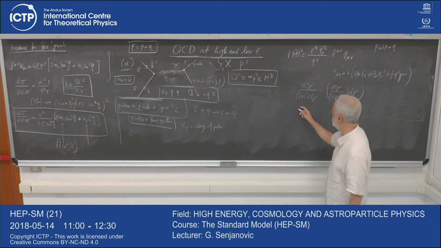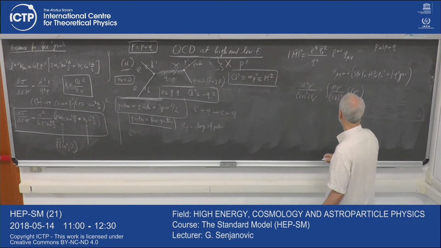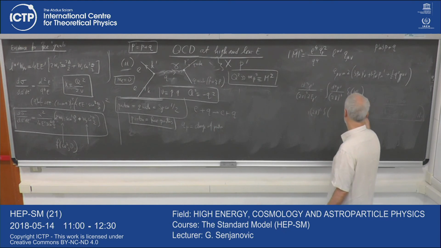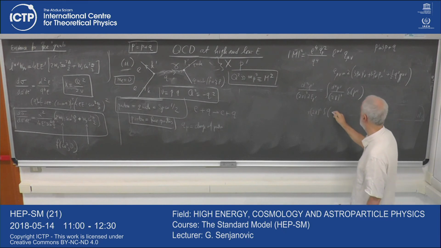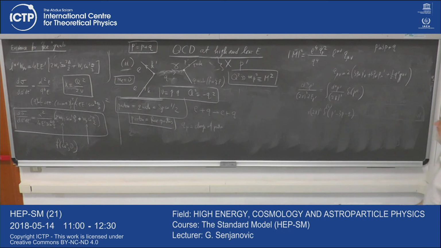and we have to do the integral. There is also then of course an integral of 2 pi to the 4th, you agree, delta 4 of p prime minus Cp minus q. We had this.